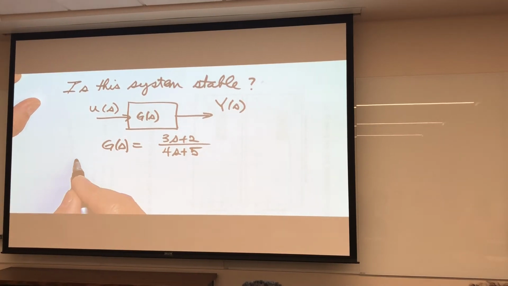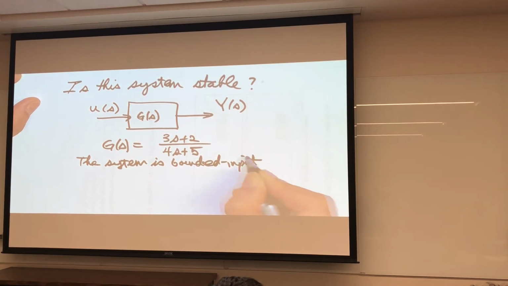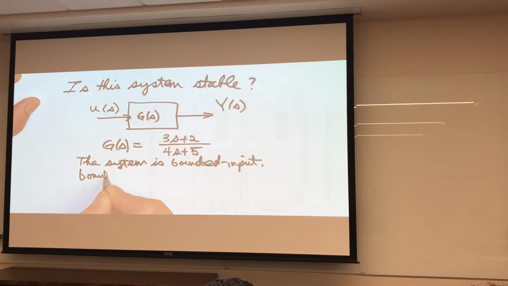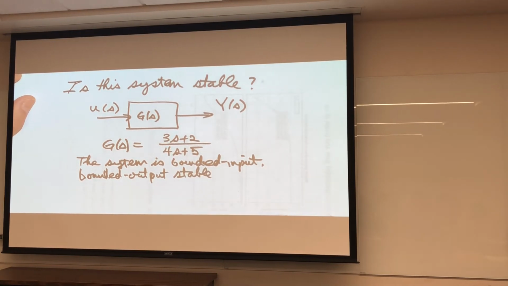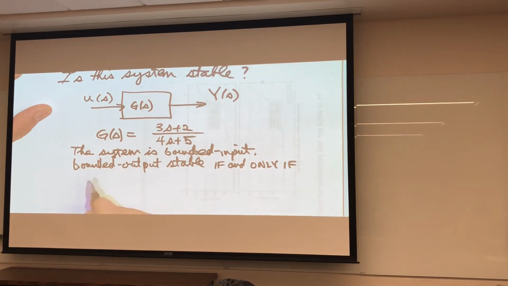It says the system is bounded input, bounded output stable if and only if G of s has no poles in the right half plane.